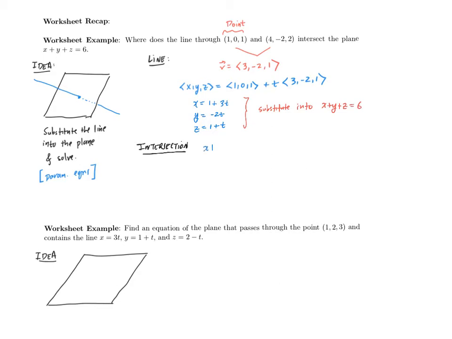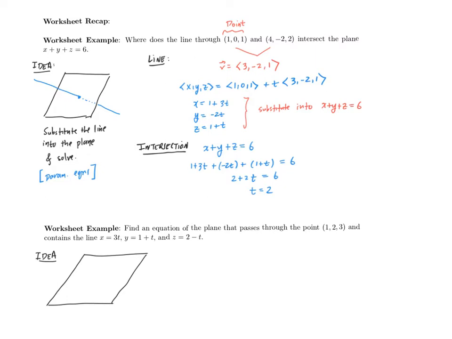So if we do that, we start off with x plus y plus z equals 6. x is 1 plus 3t. y is minus 2t. And z is 1 plus t. And if we simplify a bit on the left, we have 2 plus 2t equals 6. So if we subtract 2 from both sides, 2t is equal to 4. So t is equal to 2.